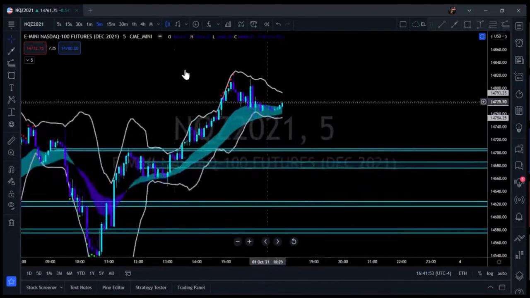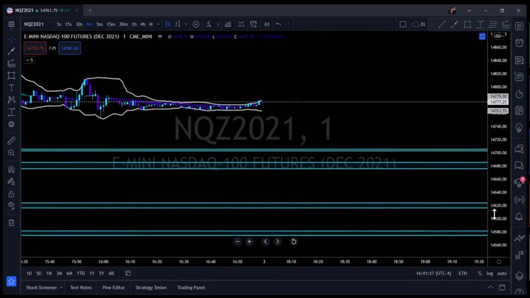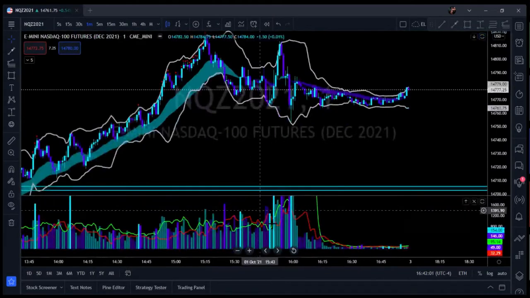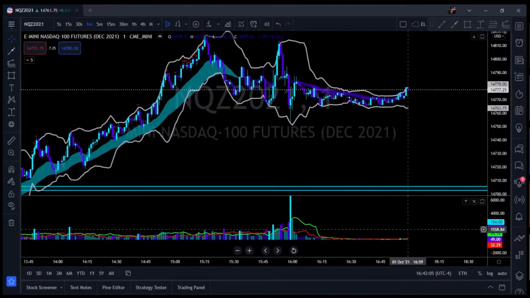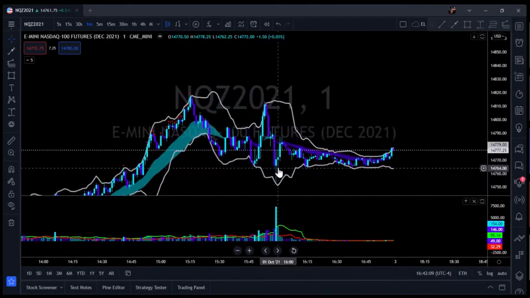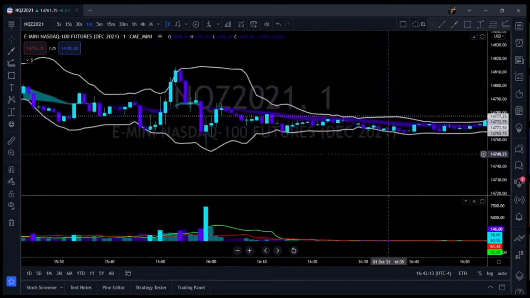Let's draw the upcoming session's closing range. What we're going to do is look for the close, and it's pretty evident which one it is. We're going to find the one that has the most volume on a 1 minute chart.